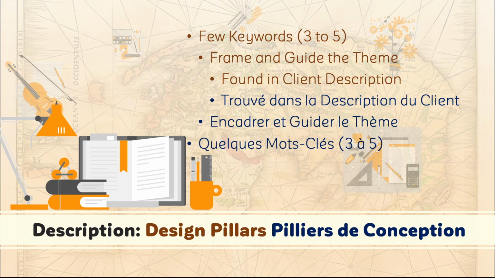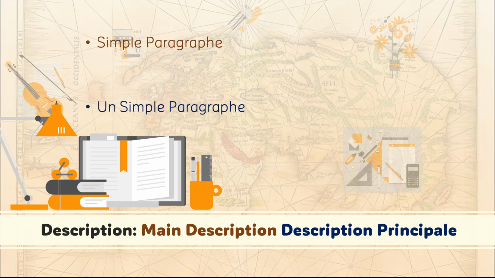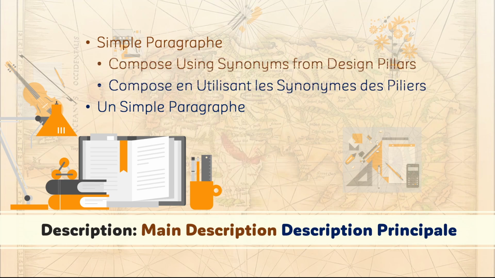So it will be important in some assignments that I will create. Some of them need the pillars. So the main description is a simple paragraph. Keep it simple. Compose it using the synonyms from the design pillars we just talked about previously.